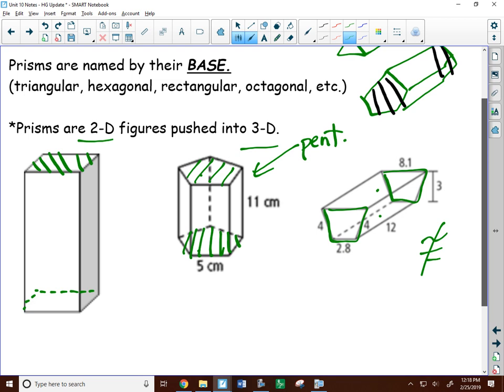Anything else I can answer about prisms? Sure, it'd be that one. That one's just from the bottom. So a square would just be a box. Yeah, so you can choose the front and back as the base, or the top and bottom as the base, or the left and right.